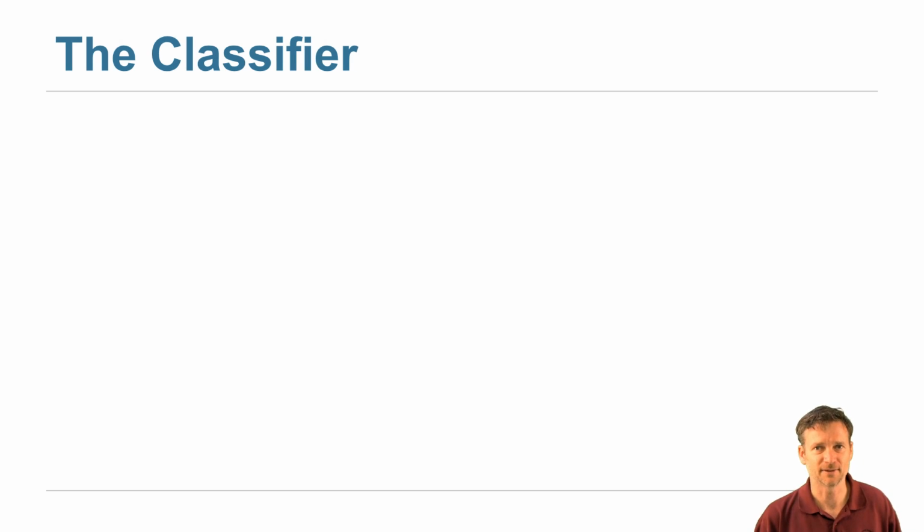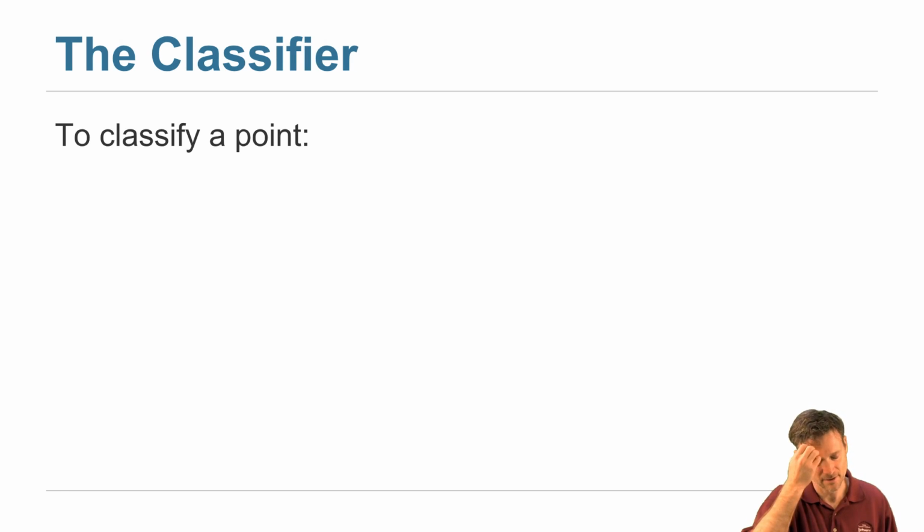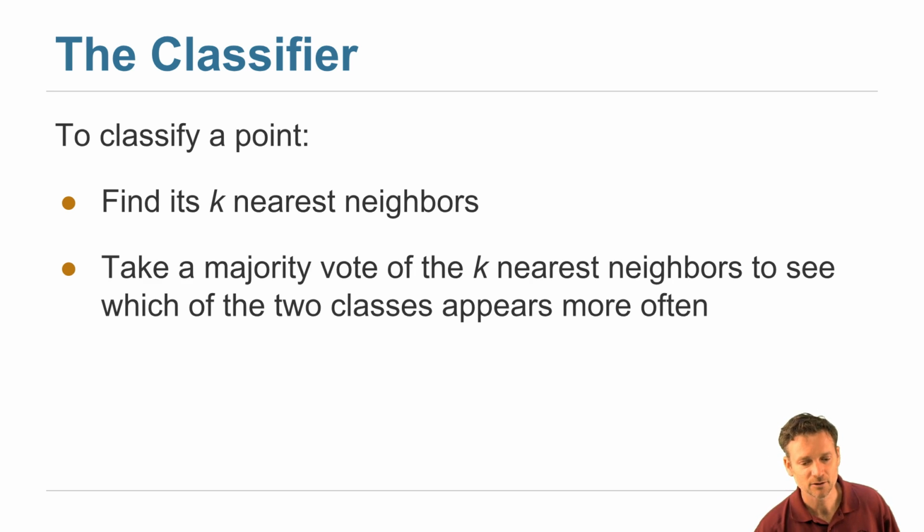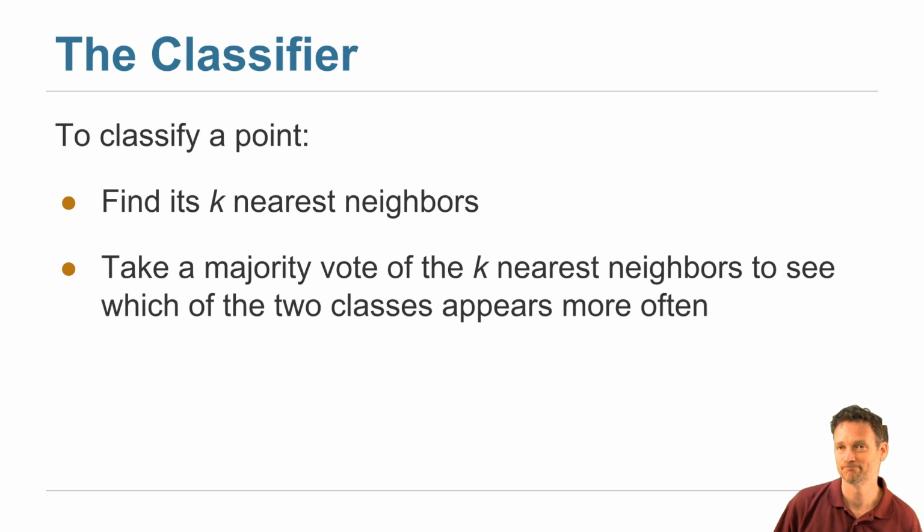To get the full classifier, the way the full classifier works is to classify some example, diagnose some patient. First, we find the k nearest neighbors among the training set. I just told you how to do that. Then, using those k nearest neighbors from the training set, you look at the classes of them. We know the class of everyone in the training set.